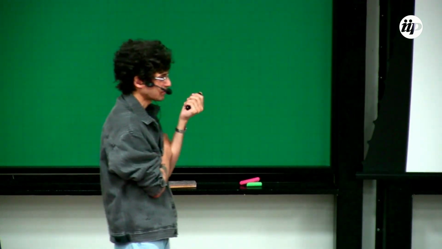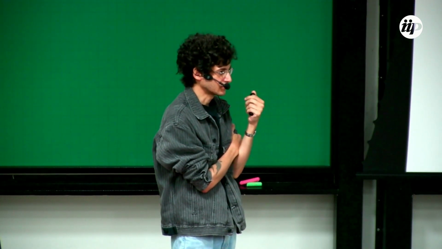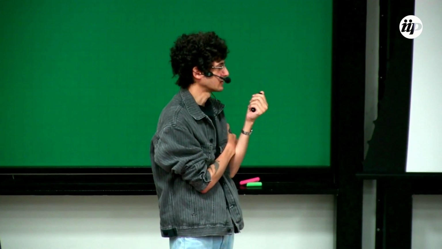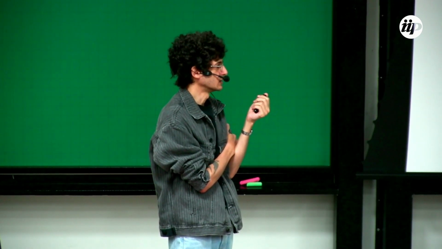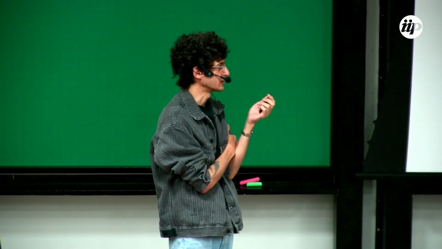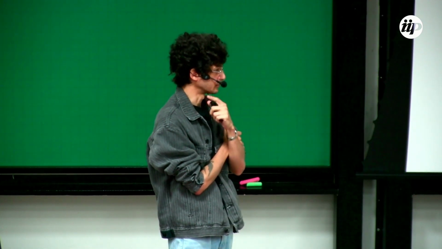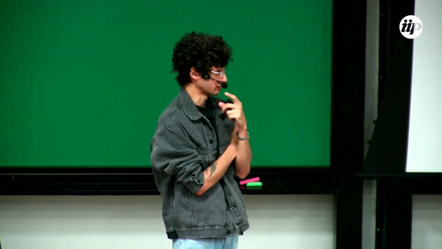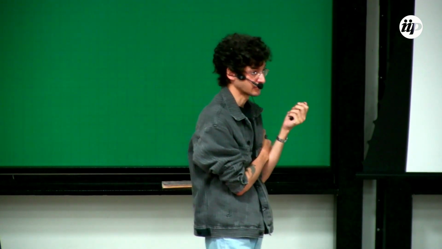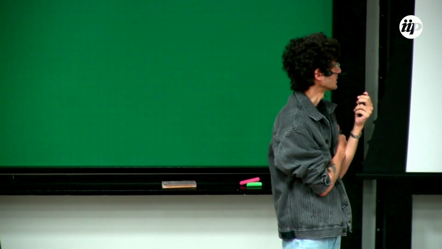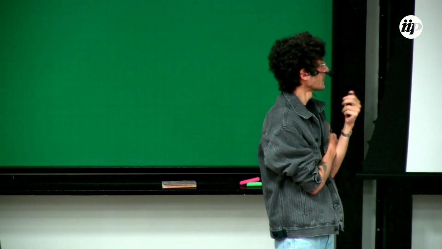I'll try to give a general overview of an instance where conformal field theory can be used to describe quantum degrees of freedom of a gravitational system, which looks like a black hole.